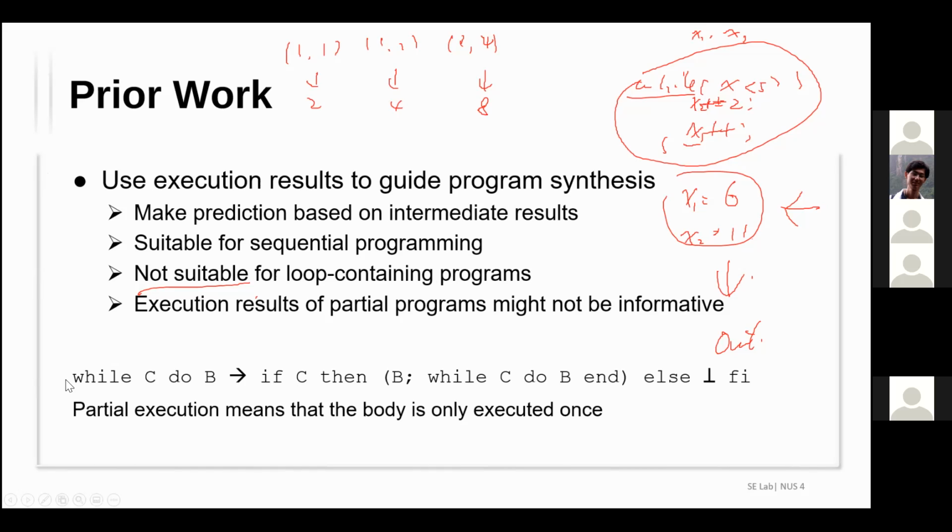Because I feel that for the while loop, they didn't really explain how they handle it or how they choose to solve this problem. They only mentioned that it's a problem right now, and maybe their debugging aspect is able to handle this.